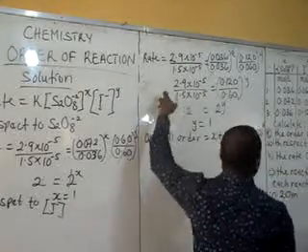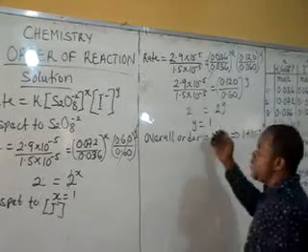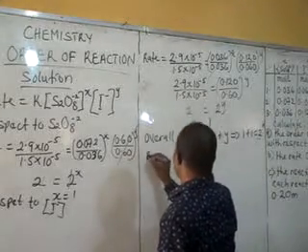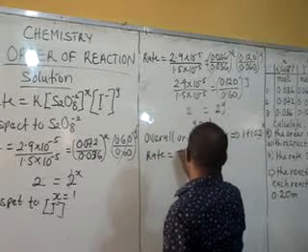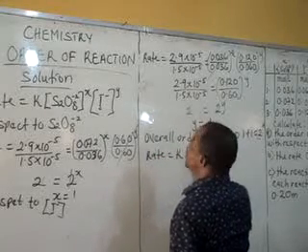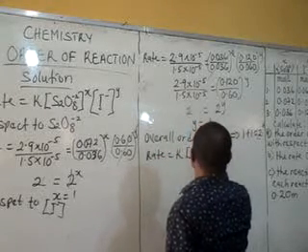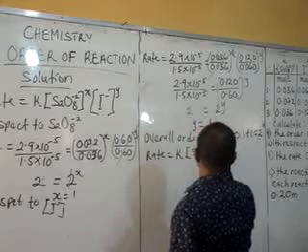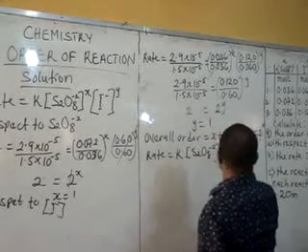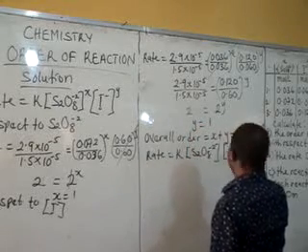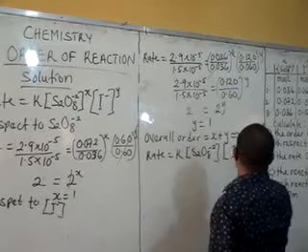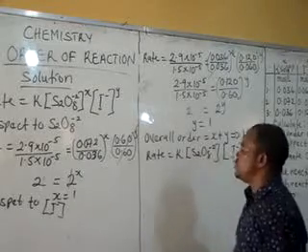But if it is based on this, our rate will give us this into [S2O8 2-] to the power 1. Then we don't need to write it. And then this one is 1. That is what we have there.